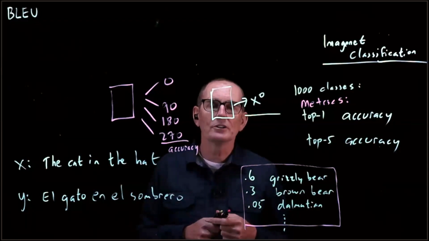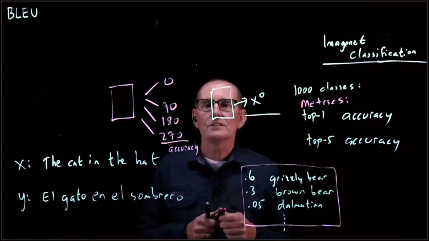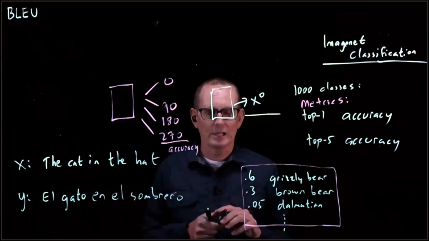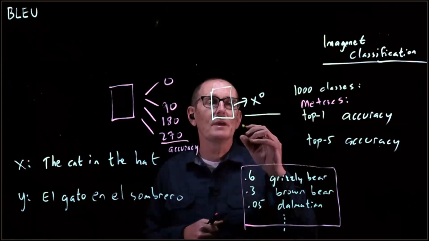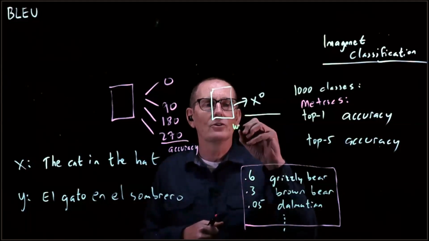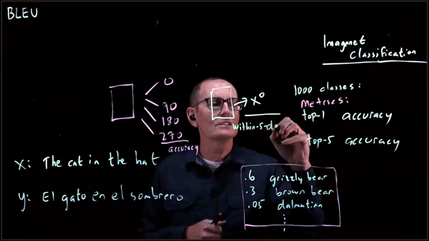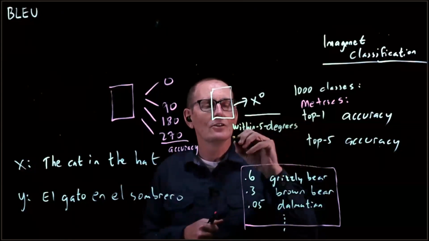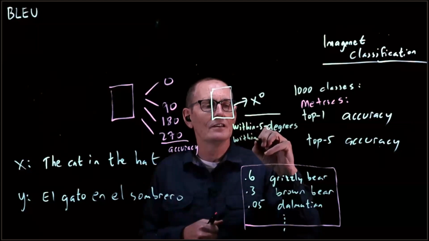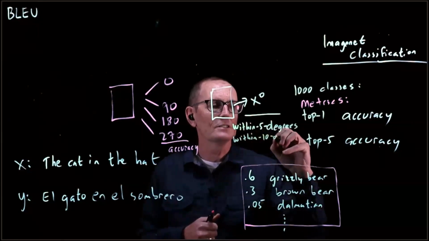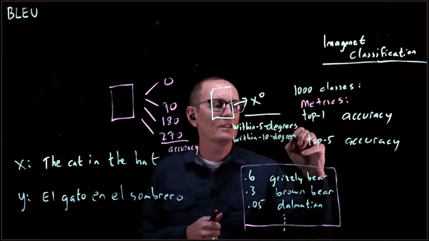Does it mean to 1 degree? And so in fact, for those people who did that challenge, what I suggested was go ahead and make a couple different metrics, you know, within 5 degrees, within 10 degrees, because these are something people can understand.